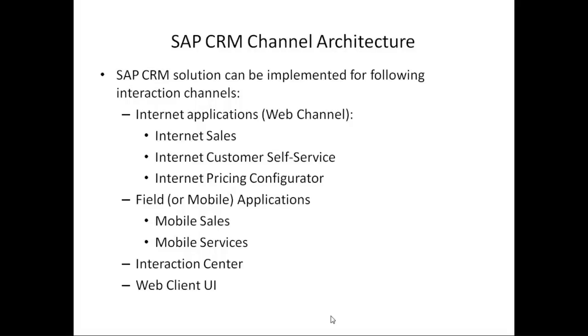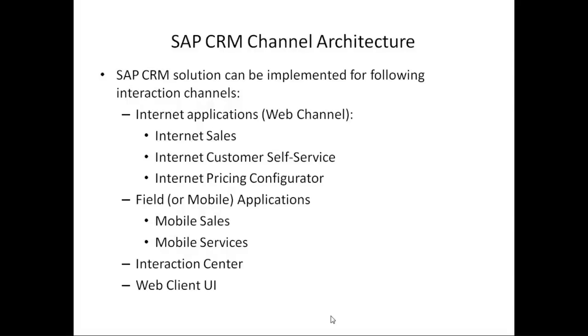The Internet Applications Web Channel is built with the J2EE technology, where the CRM data will be presented in the normal web browser. When we talk about internet sales, the user can place an order for a product directly from the web browser by accessing the CRM business data.